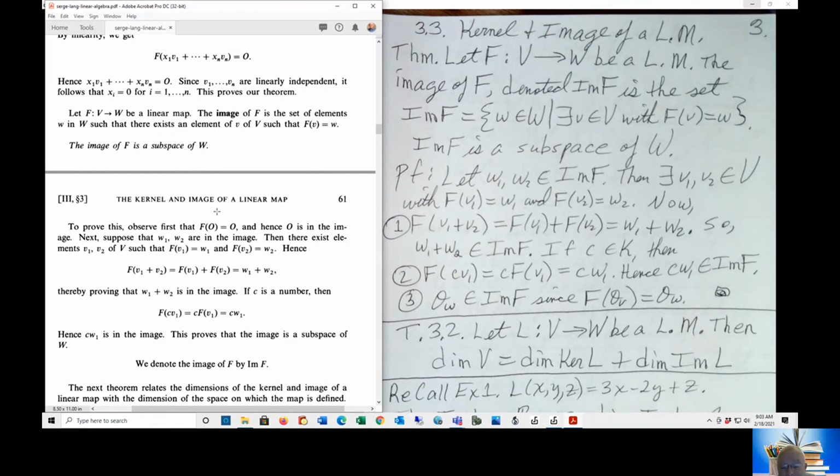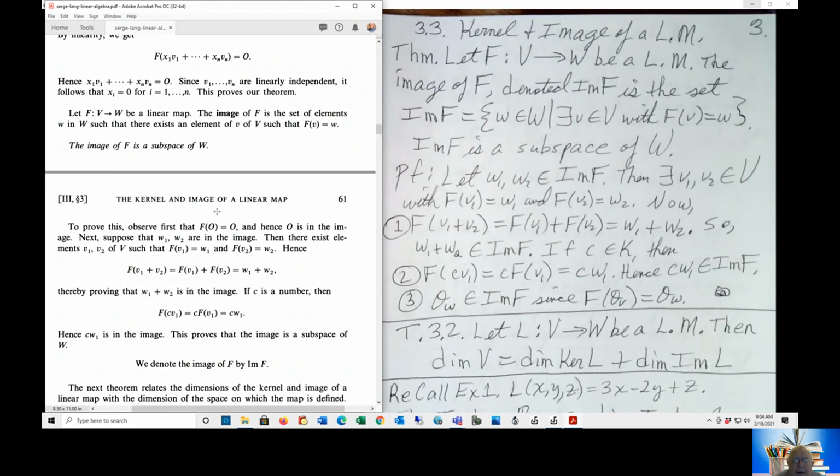So that means that the sum of w1 and w2 is in the image of f because it has a pre-image. And then if c is a scalar, f of c v1 is c times f of v1 equals c w1. Hence, c w1 is in the image of f. I didn't have to include the third one, but I just note the 0 vector of W is also in the image of f, since f maps 0 to 0.